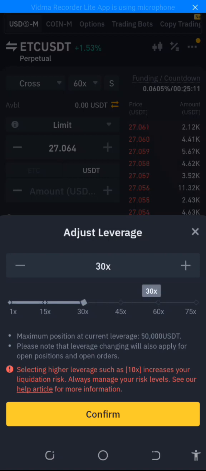You can increase or decrease the leverage you want to make use of. Let me say the leverage is 30 times now. Then 30x leverage multiplied by the amount you have in your wallet is what you are using to trade. When we start trading, you will understand this clearly.